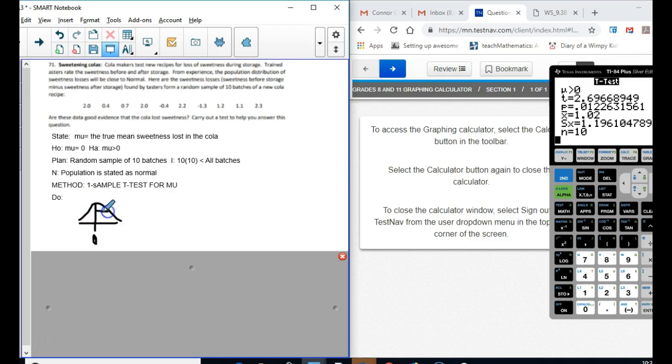I'm going to have my standard deviation. That's my sigma, and that sigma is equal to the standard deviation, 1.196, divided by the square root of 10. And then I have my x bar, which is 1.102.